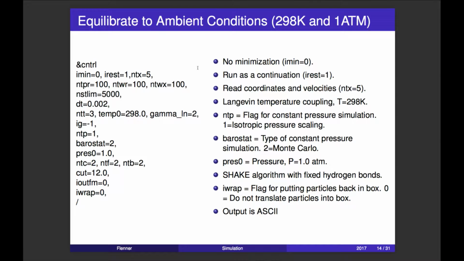So in the input file, once again, we have all these other parameters. I tell it I'm not minimizing it, I'm running it as a continuation. Now I'm going to read in coordinates and velocities. So that's what this ntx equals 5 is. I'm using Langevin temperature coupling. You need some sort of thermostat because the system's not in equilibrium. So what happens if you just run Newton's equations of motion?